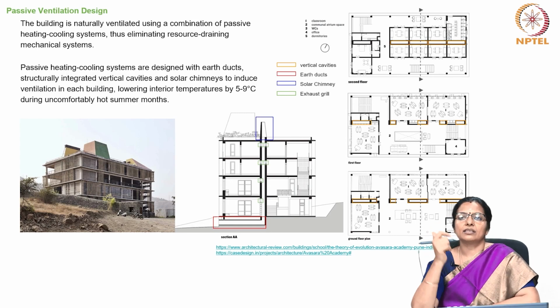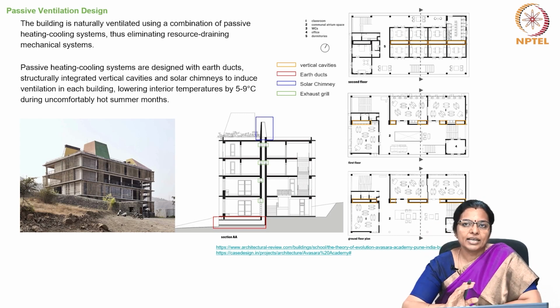So, this building is a naturally ventilated building and it is used as a combination of passive heating and passive cooling system, thus eliminating resource draining mechanical systems. So, passive heating cooling systems are designed with earth ducts, structurally integrated vertical cavities and solar chimneys to induce ventilation in each building, lowering the indoor temperature by 5 to 9 degrees centigrade during uncomfortably hot summer months.